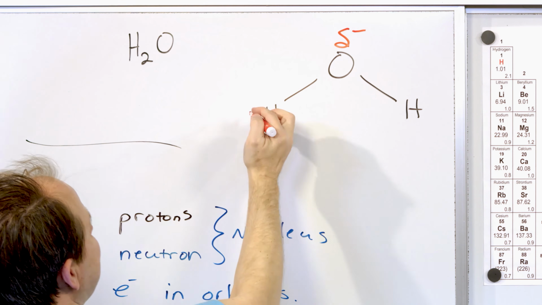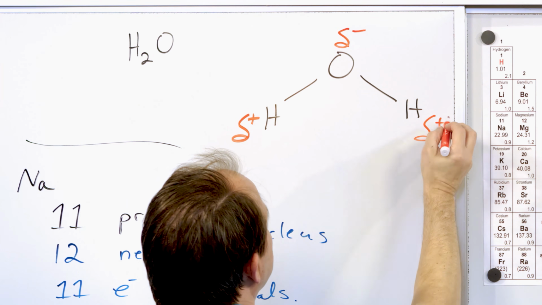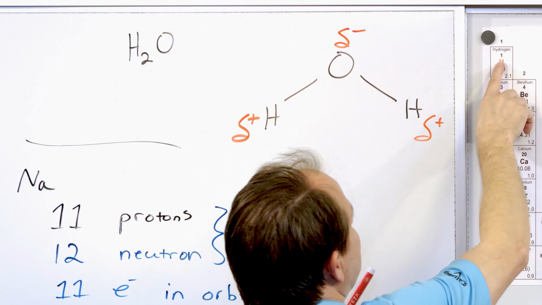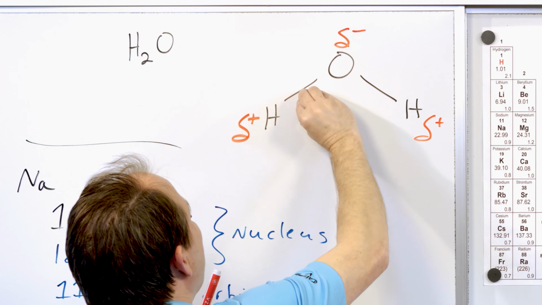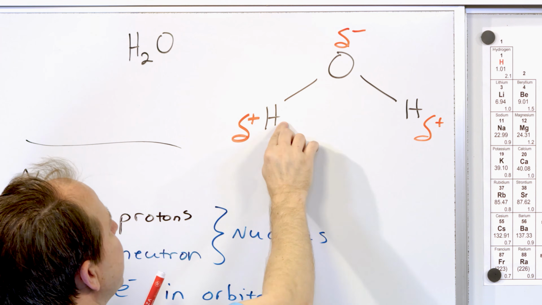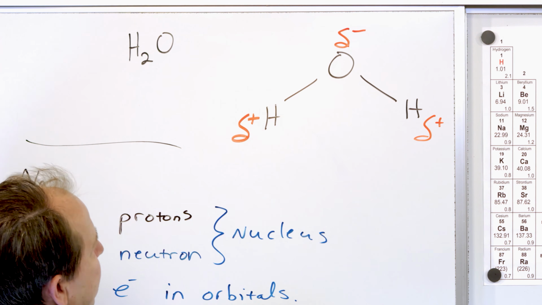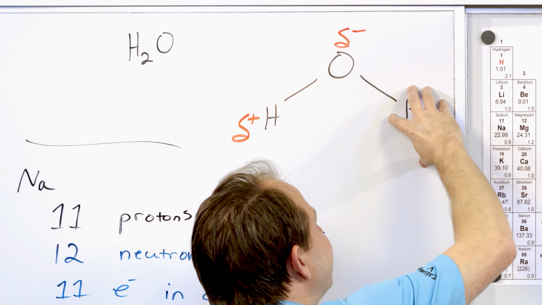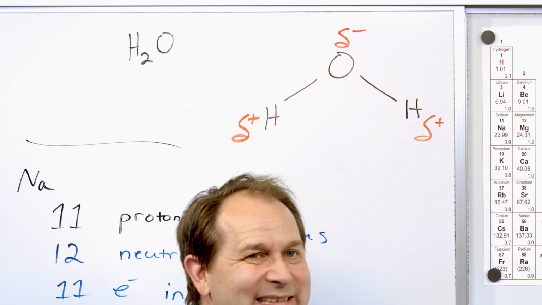And these hydrogens have a tiny positive charge associated with them, because a hydrogen, don't forget, is a single proton and a single electron. When the electron is pulled away from it, you start to see the positive nucleus, and it looks like this side of the water molecule is positive. And over here, this hydrogen on this side of the water molecule is a little positive. But the oxygen is very slightly negative.